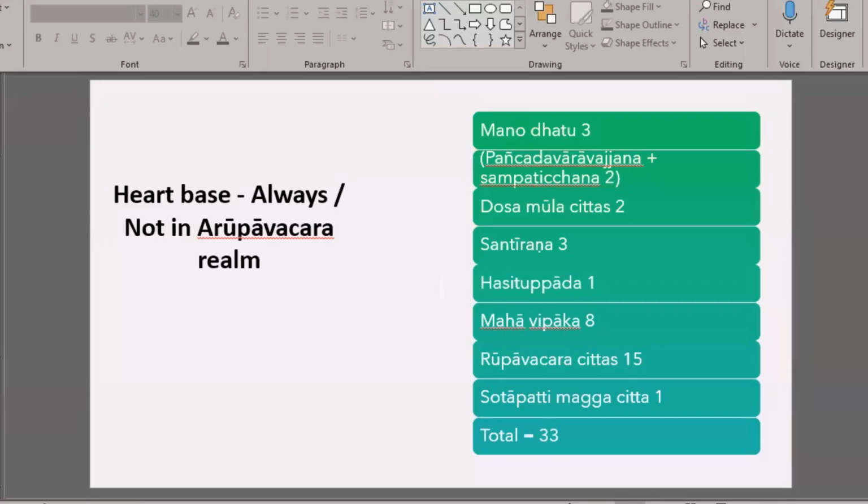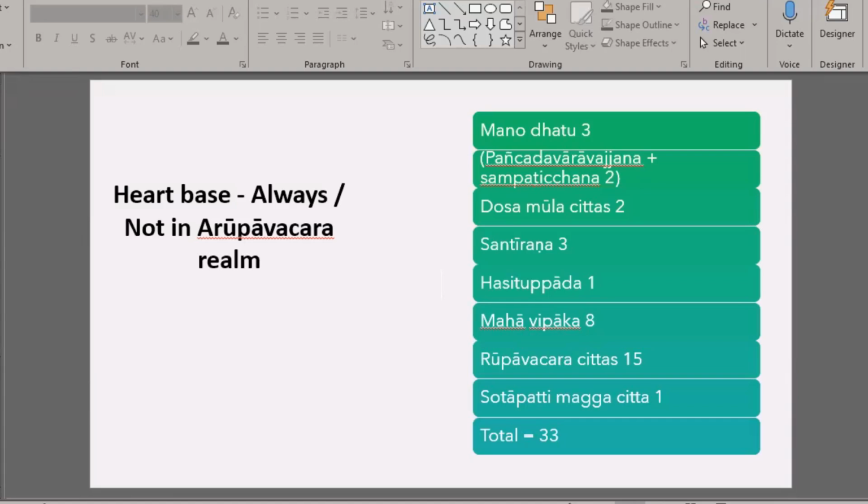For the first stage, it's essential to listen to Dhamma. That's why Sotapatti Magga Chitta arises in the Kama realm and Rupavachara realm only. So those are the reasons for the arising of those chittas only in the Kamavachara and Rupavachara realms, based on the heart base. Therefore, those chittas do not arise in the Arupavachara realm.